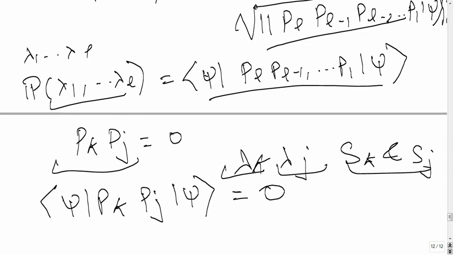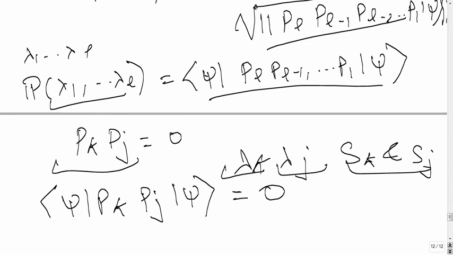And as said earlier, the probability of occurrence of this event is 0. This is because S_k and S_j are assumed to be incompatible operators, so they do not share the same set of eigenvectors and cannot be written in terms of the same set of projection operators constructed out of the eigenvectors of either of the two operators.